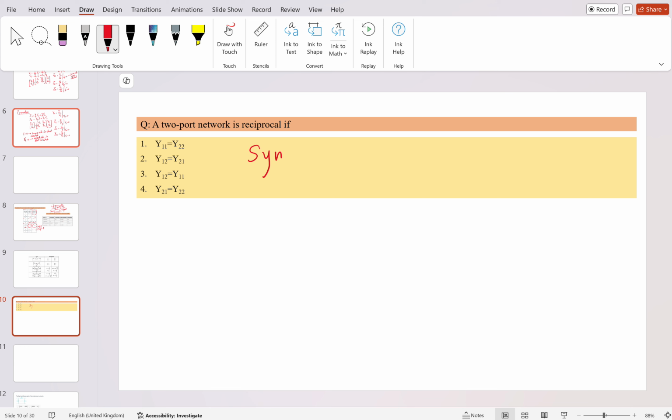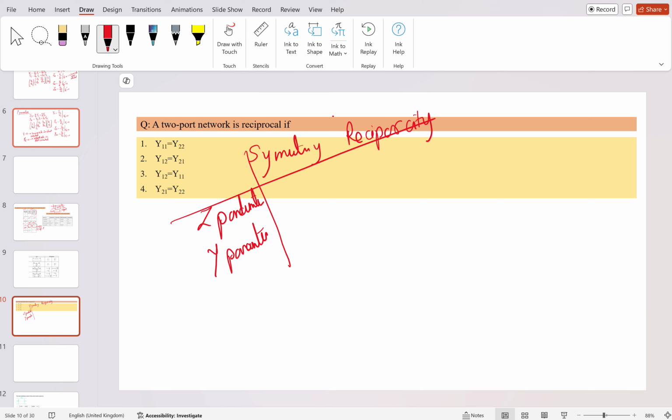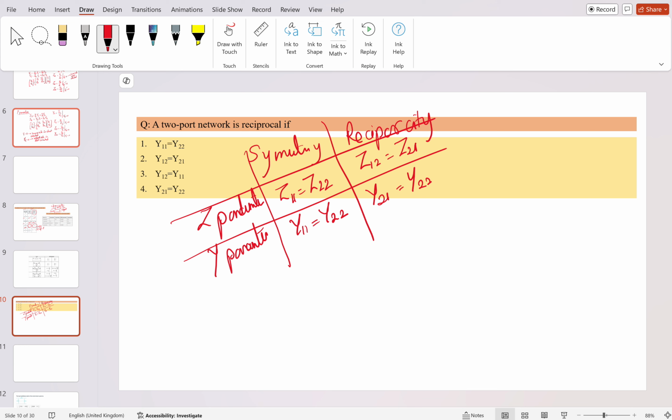If you take the Z parameter here and the Y parameter here, the condition of symmetry is Z11 equal to Z22 and Y11 equal to Y22, and for reciprocity, Z12 is equal to Z21 and Y21 is equal to Y12. If you're facing any doubt, just let me know, if you want any clarity at any point of time.